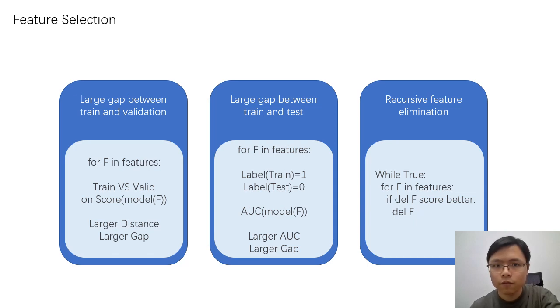Finally, recursive feature elimination is used to get a better feature set greedily. For example, if we delete this feature and the AUC score improves, we will delete it.